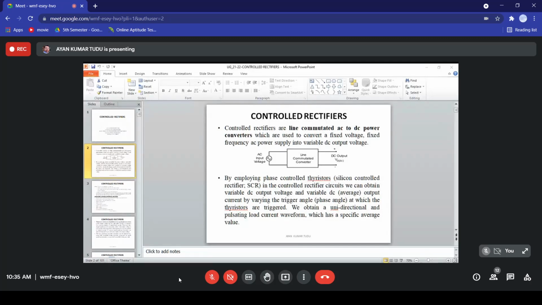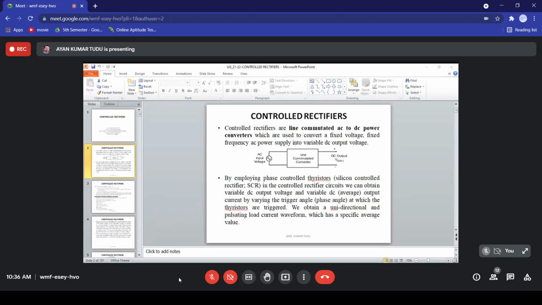Basically, we'll be providing a gating signal to the phase control thyristor, and depending upon the angle at which we trigger, the thyristor would operate and we'll get a pulsating load current waveform. It would be unidirectional and pulsating, with a specific average value.